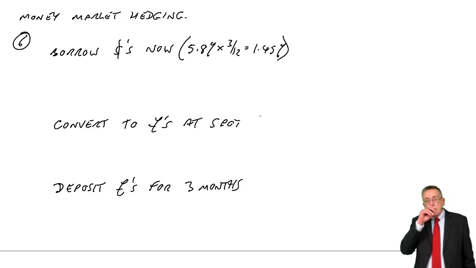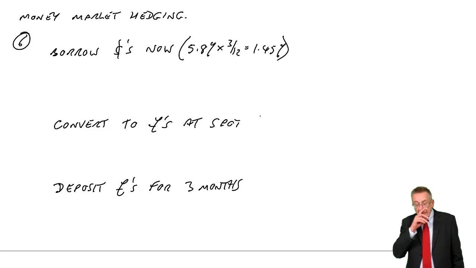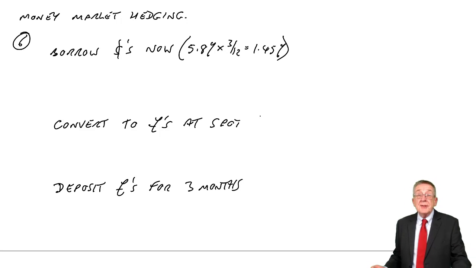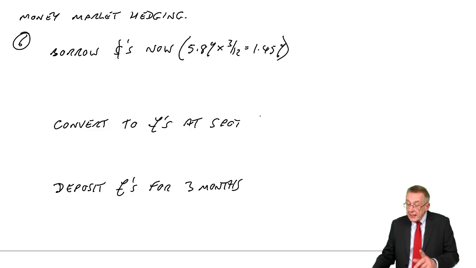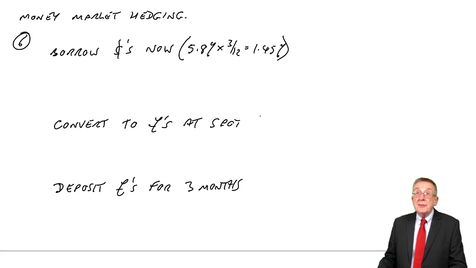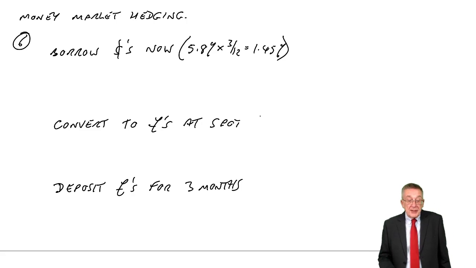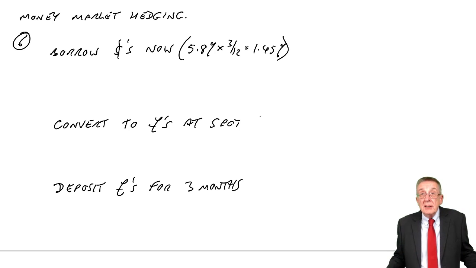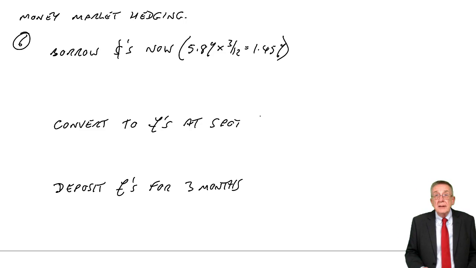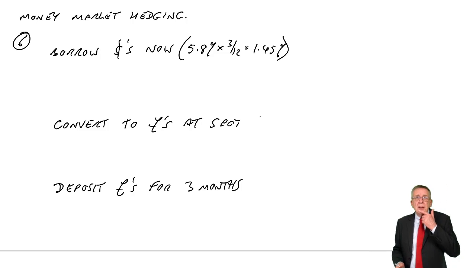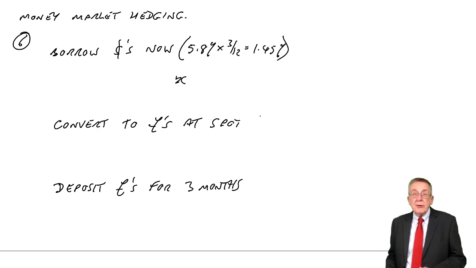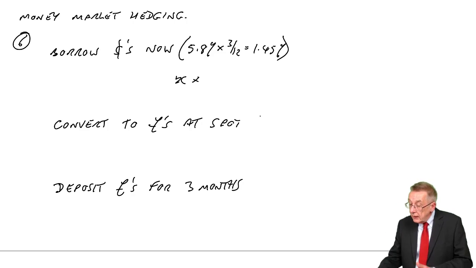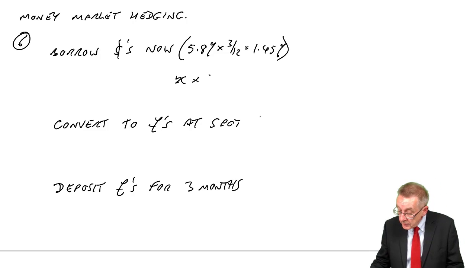Well, how many dollars can I afford to borrow? We're going to receive 5 million in 3 months, and I'll use that to repay the borrowing. But of course, if I borrow 5 million now, in 3 months' time I'll owe more because of interest, and I won't have enough to repay it. So how much can I afford to borrow? If I was to borrow X now, then how much would I owe in 3 months? They'll add on 1.45% interest, so I'd owe X times 1.0145.